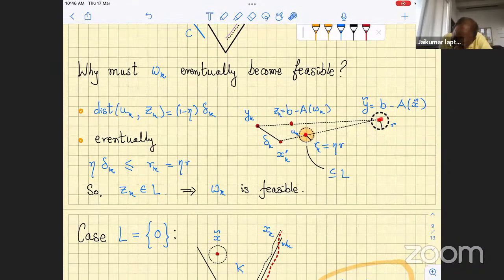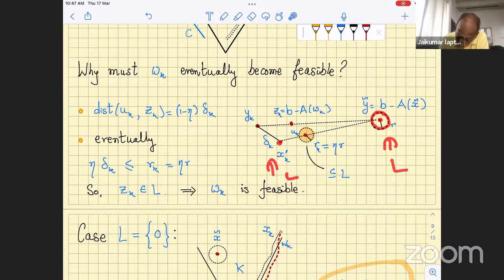So of course, if you did it for this Y tilde, you would get this. And if you did it for the other points, you would get a little ball here. And if this ball had a radius r, that radius will shrink to eta times r, because all these points are being multiplied by eta, and this point is being multiplied by 1 minus eta to obtain these averages.